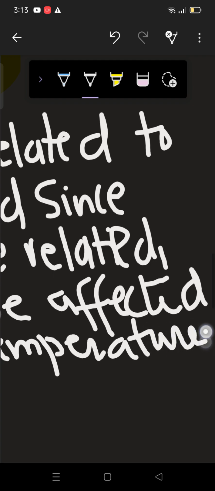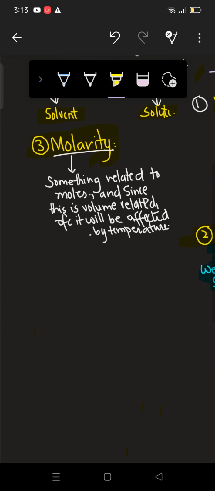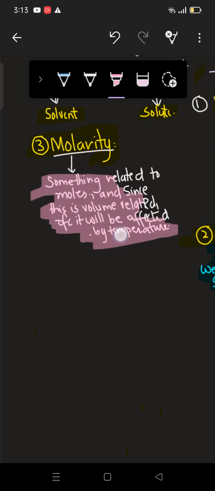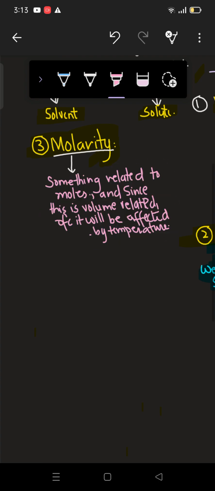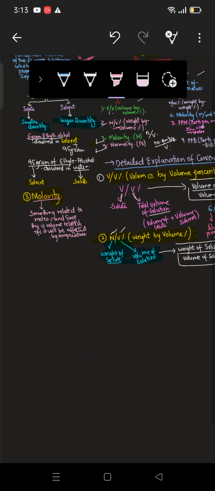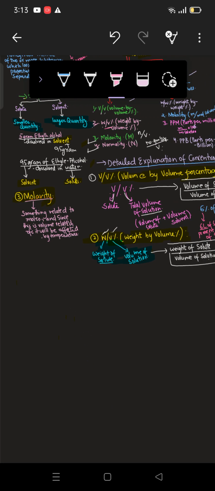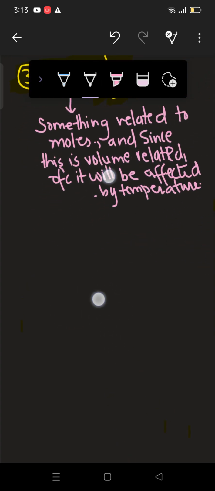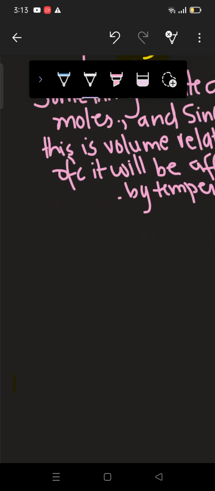It will be affected by temperature, okay? So this is something related to mole since the name suggests itself, molarity. Secondly, I said we're going to find the volume too since this is volume related, which means it will be affected by the temperature; it is dependent on temperature. Okay, so now the formula for finding the molarity.